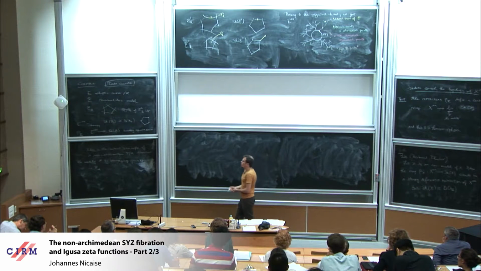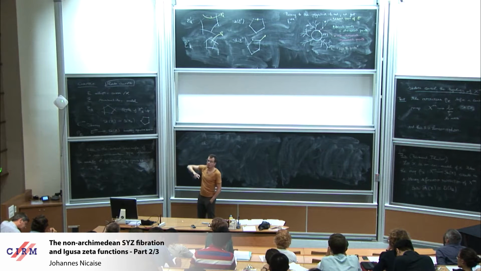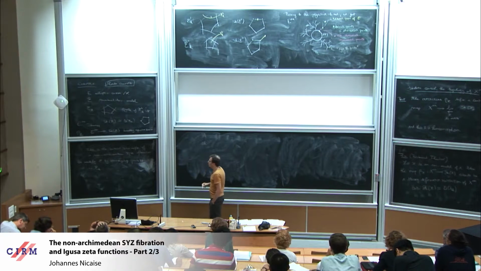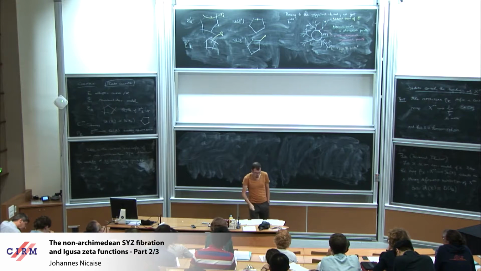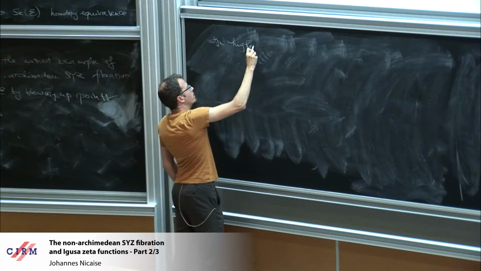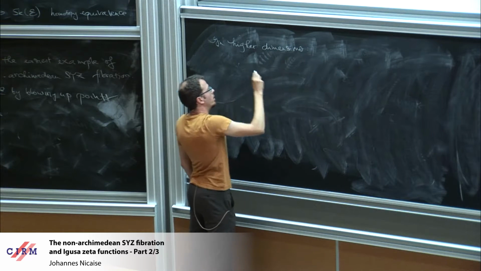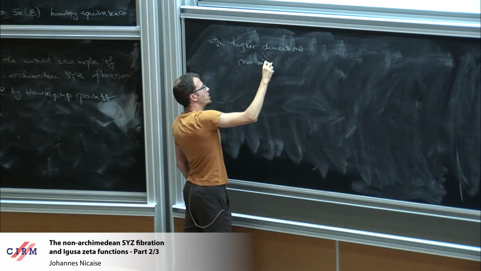But now, of course, the situation we've been looking at here is quite special in the sense that we had a minimal SNC model. Well, as you all know, the situation gets less nice if we move to higher dimensions. So in higher dimensions, we have no minimal SNC model in general.